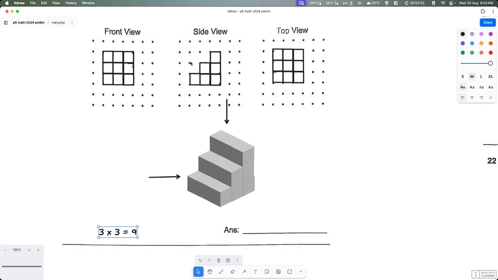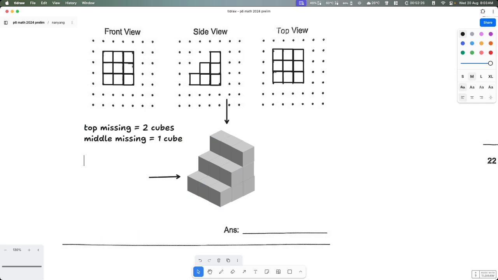So in essence, I would say top missing is equal to 2 cubes. Then middle missing is equal to 1 cube. So in this case, top, right?